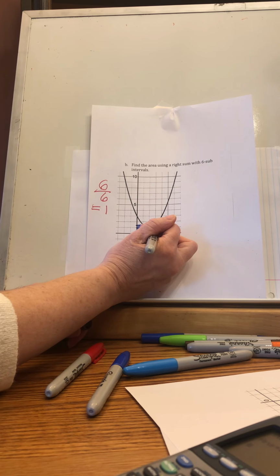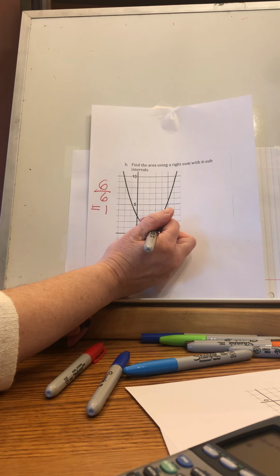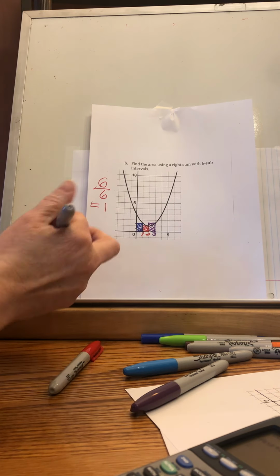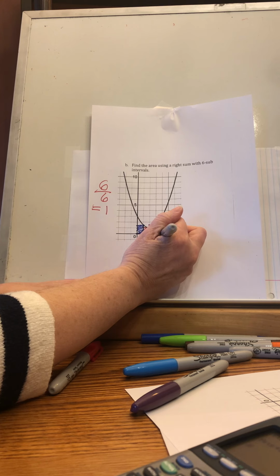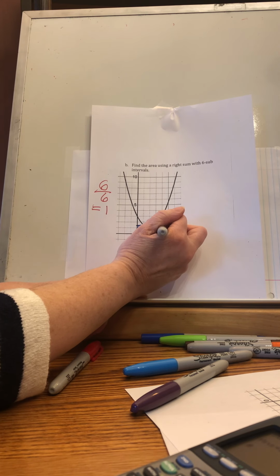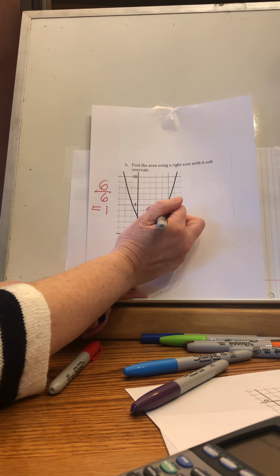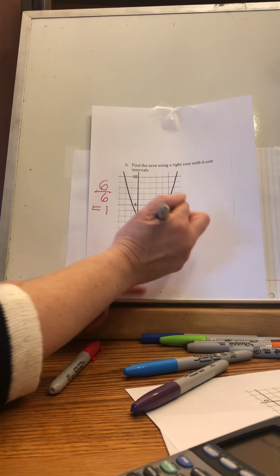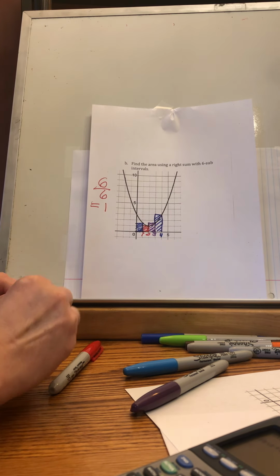I go from 3 up until I hit the curve. I go across, backtracking, and down, a little extra area. And so on. 4 next. So I'm going to go to 4, up until I hit the curve, across, and down. Notice it changes over as I'm increasing.